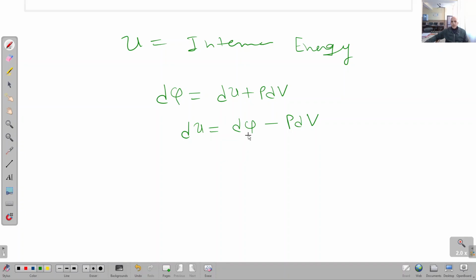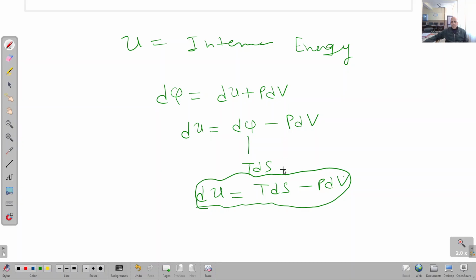If I put the value of dq according to the second law of thermodynamics, dq is equal to TdS, it becomes dU is equal to TdS minus P dV. So it means the change in the internal energy U is directly dependent on the change in entropy S and volume V. So we can say U is a direct function of S and V. And this is called the differential form of this first thermodynamic potential.